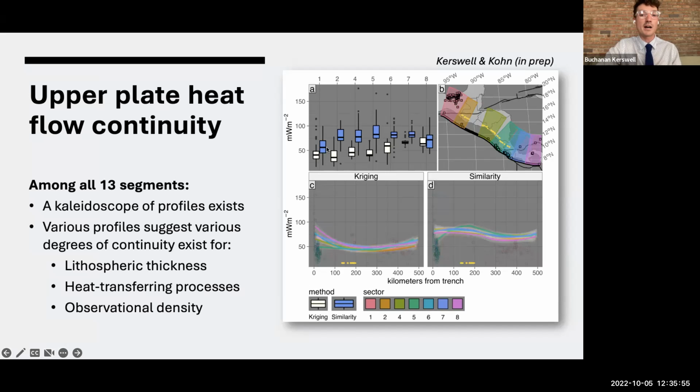You can see that the blue boxes are on average a little bit higher heat flow. And there is some sort of broad arcing trend where the central sectors seem to have higher heat flow, at least as predicted by similarity. And there's sort of an opposite trend where you have low heat flow predicted by kriging in sectors 1 through 5, and then it starts to increase and become closer to parity with the similarity predictions in sectors 7 and 8.